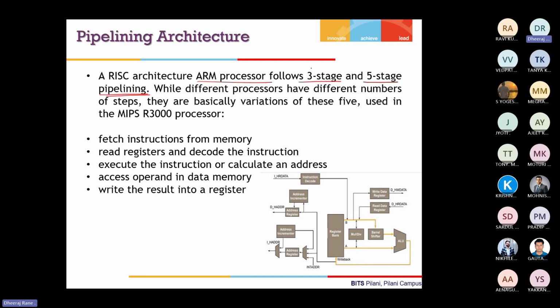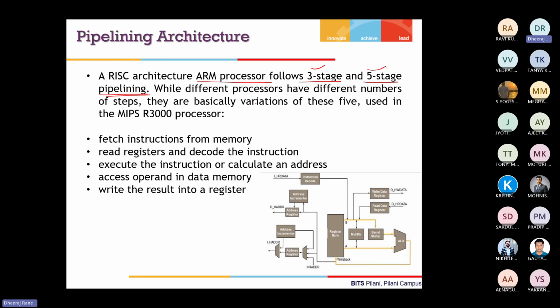These are the two that they usually support. Different processors may have different stages, but if you see the diagram, you will see how exactly the pipeline can be carried out.